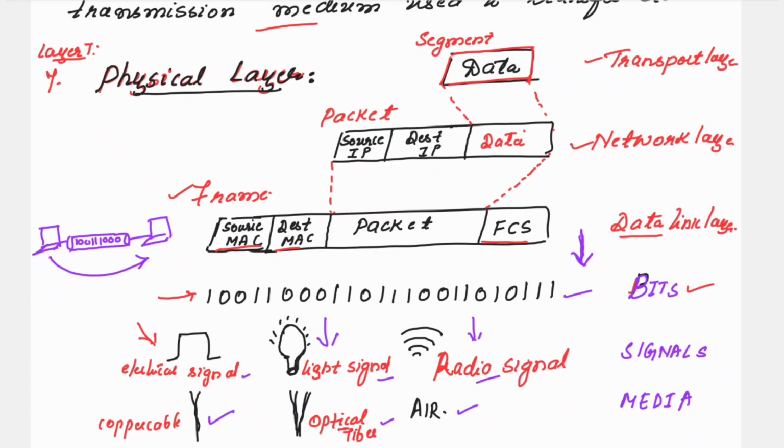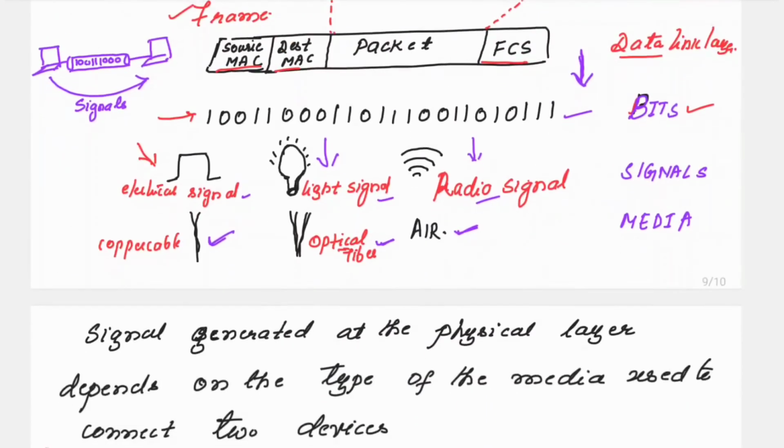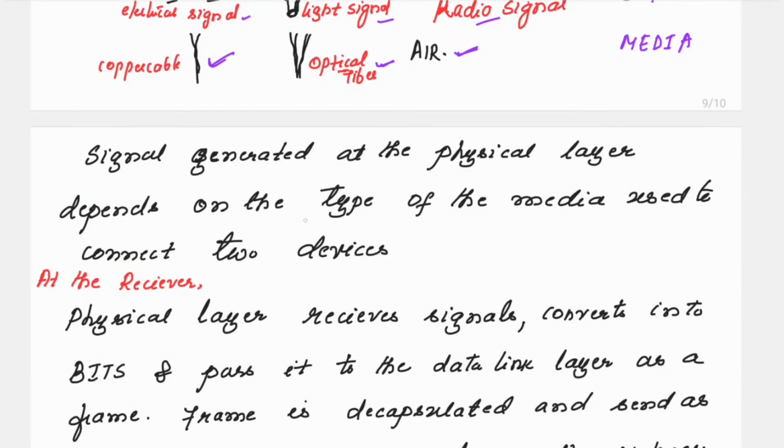By what transmission medium are these two devices connected? Is it a copper cable, an optical fiber, or air? Based on the transmission medium, the signals get moved from the source to the destination. The signal generated at the physical layer depends on the type of medium used to connect the two devices. This is what I told just now.